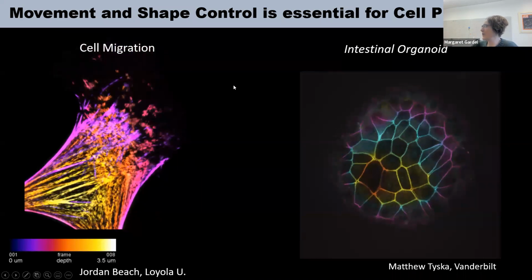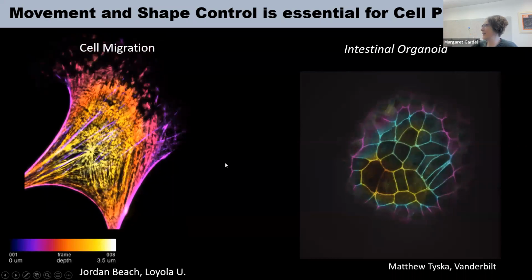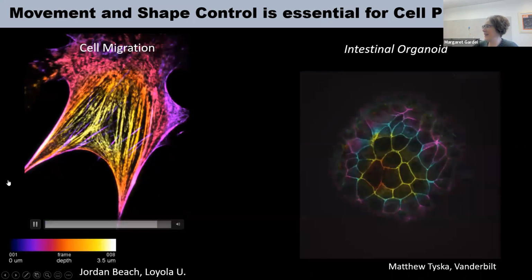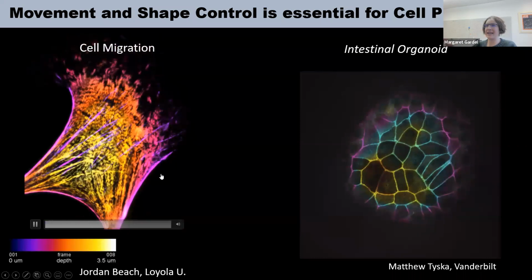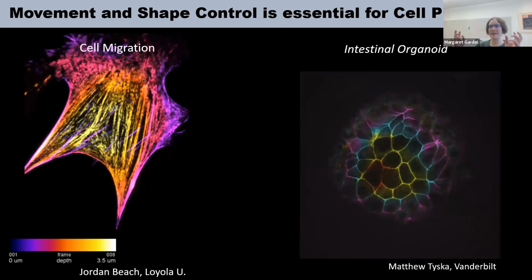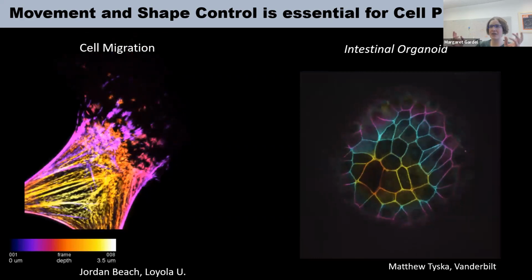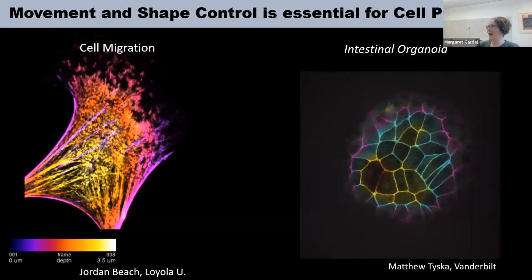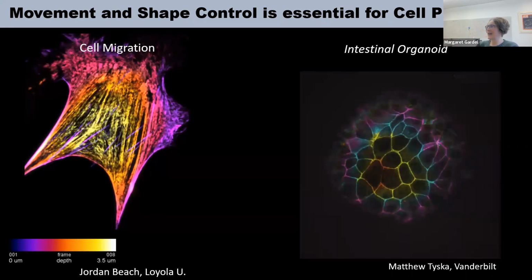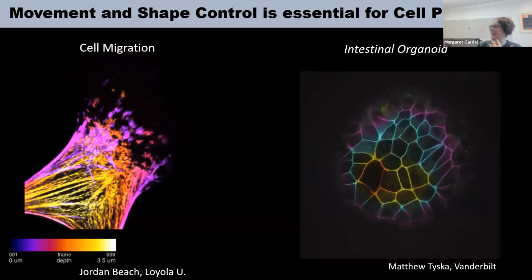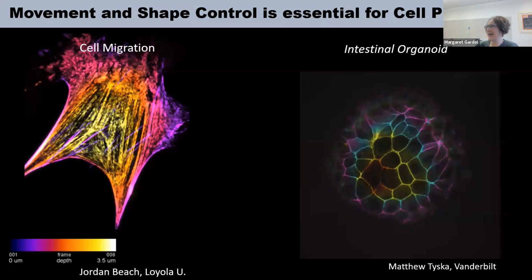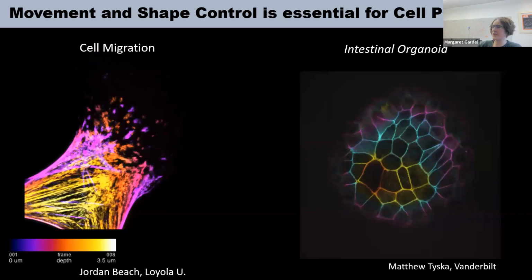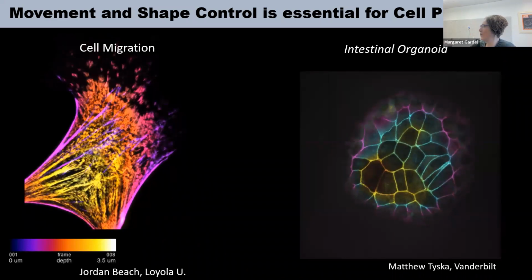These are two movies, not from my own group, but just because I think they're particularly nice. The left one is super resolution imaging of myosin 2 motors. These are myosin molecular motors that translocate actin filaments in a cell that's migratory. These filaments are assembling and disassembling and generating the contractile force that these fibroblasts generate as they move.